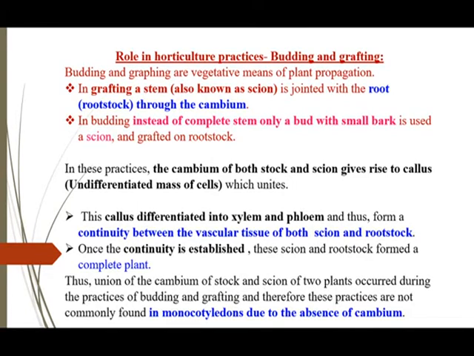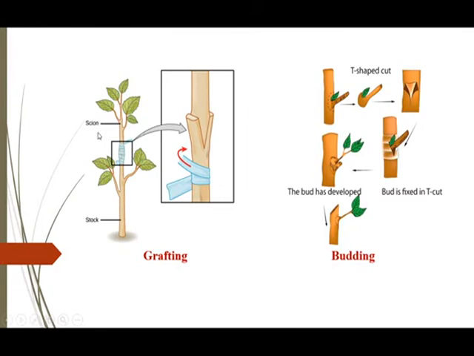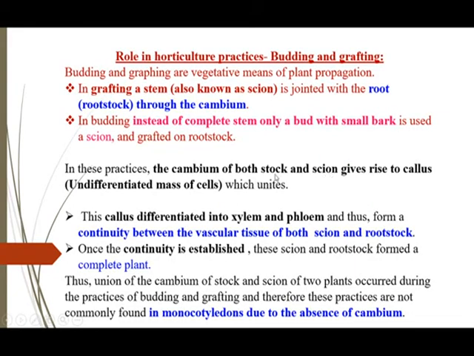In grafting, a portion of stem known as scion is grafted on the rootstock, whereas in budding, a part of the bud is grafted on the rootstock. When the scion and rootstock join, they lead to formation of an undifferentiated mass of cells known as callus, and this callus then differentiates into xylem and phloem, leading to formation of vascular tissue on both scion and rootstock.